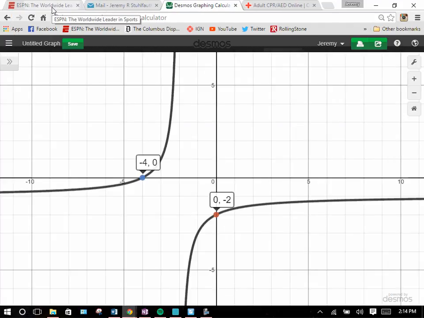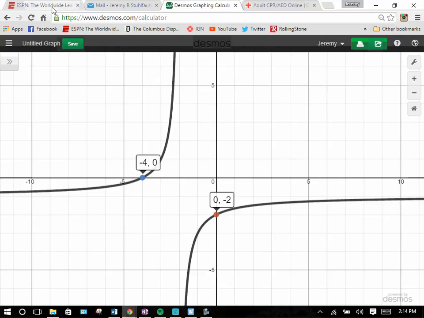So here's what I need you guys to do. I need you to focus up here now. Focus up here. All right. I have this function up here. So first of all, what we want to try and figure out is the equation of this function. So what parent function are we working with?